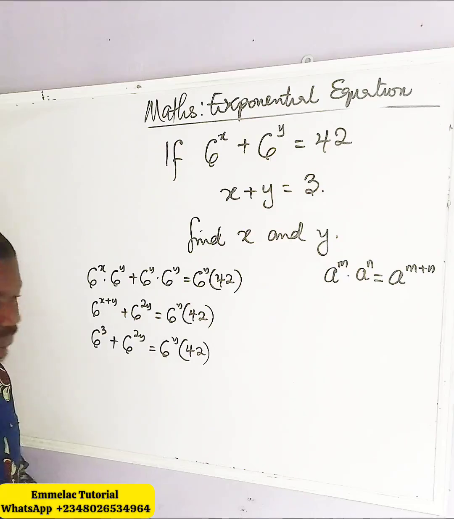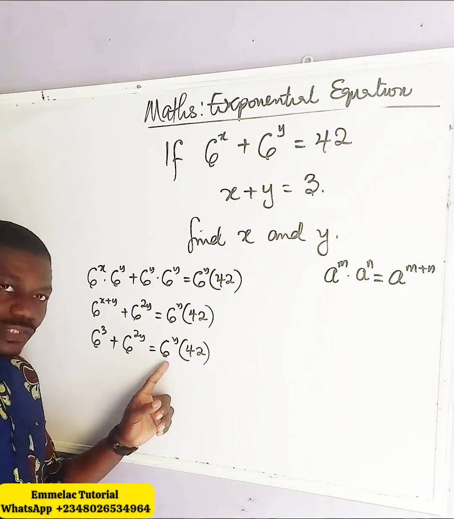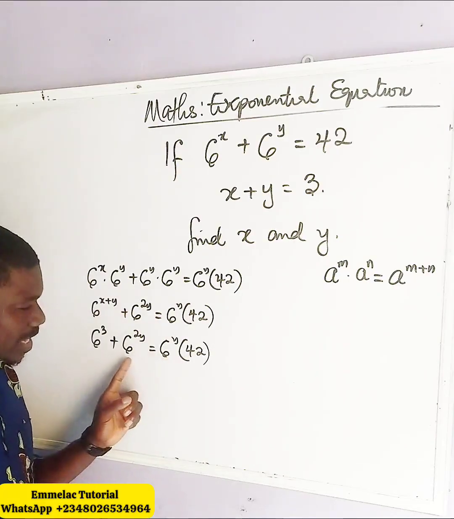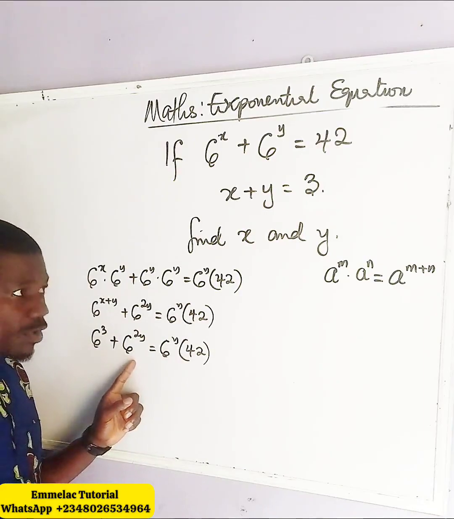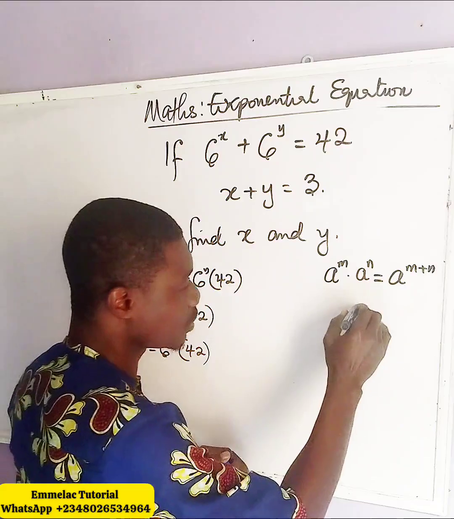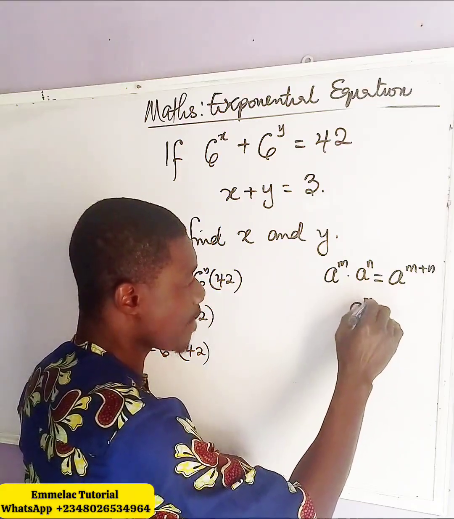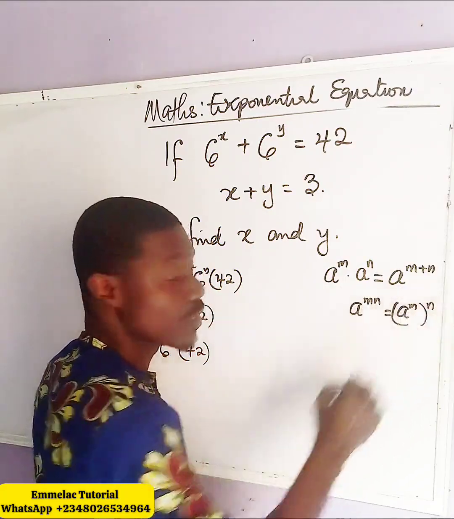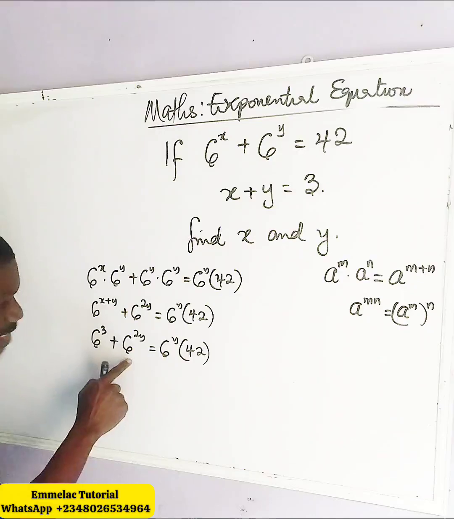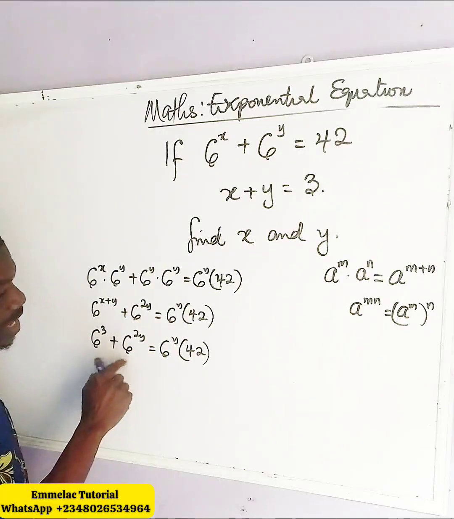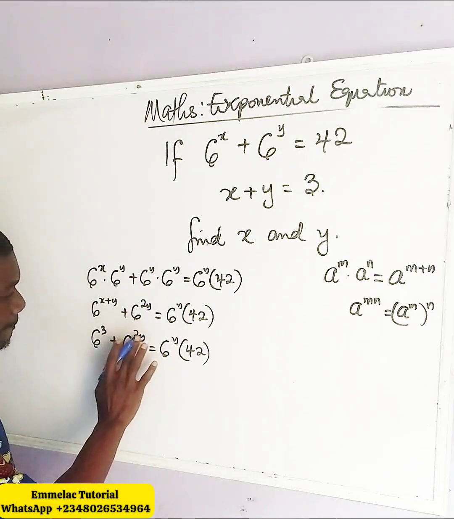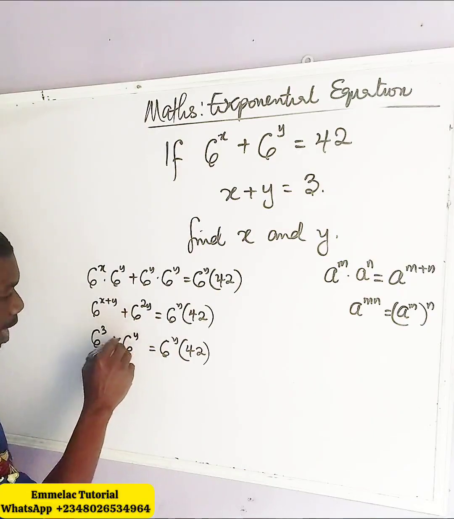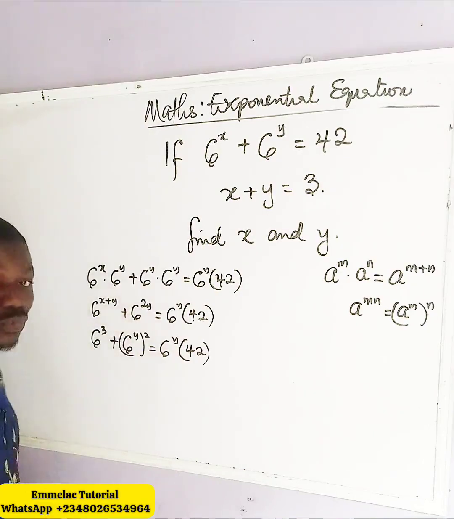Now looking at this, we have 6 raised to the power of y, and we can actually get 6 raised to the power of y by following this rule: if we have a raised to the power of mn, this can be written as a raised to the power of m, all raised to the power of n. So this term here can be written as 6 raised to the power of y, all raised to the power of 2.